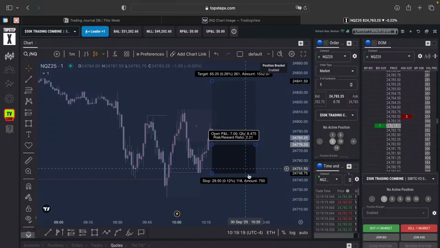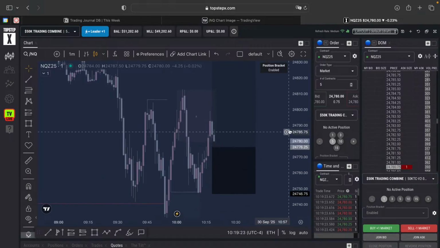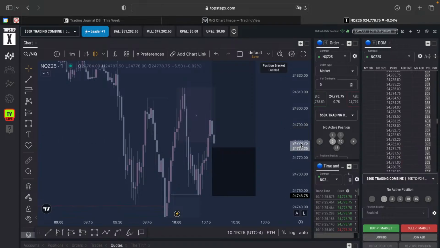Stop loss isn't that bad, 118 ticks. All right, here we go. Nice.